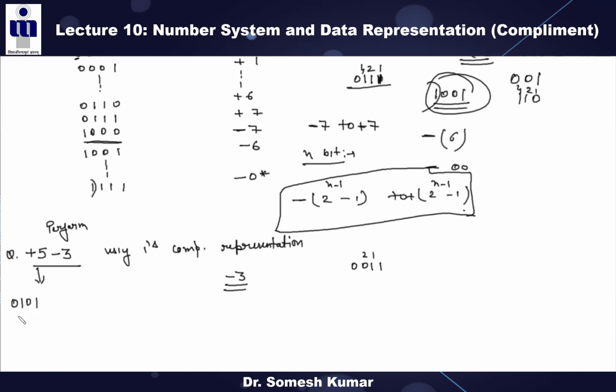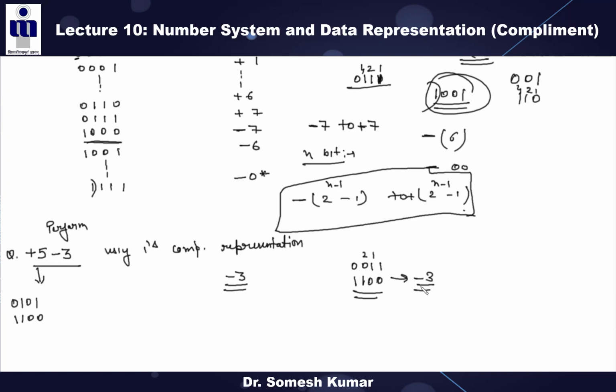Because this plus 5 is represented by 4 bits, so you have to take 4 bits, 0, 0, 1, 1, right? Now convert it to the 1s complement form, so 1, 1, 0, 0, right? So this is your minus 3 in 1s complement, right?